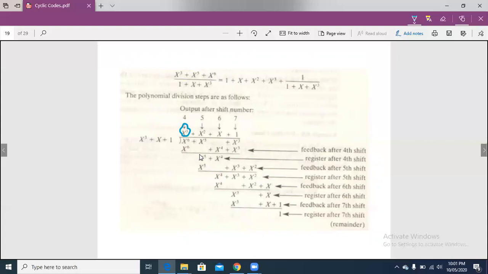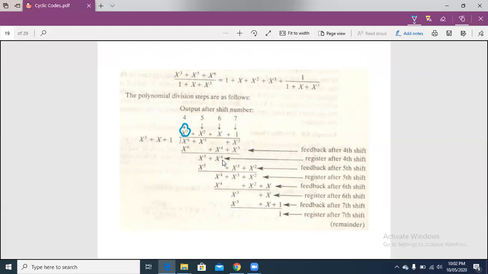So 011 is in fact x6, x5, x4 and x3, so we have 011 here as x5 and x4. So this is the contents of the register after the 4th shift.